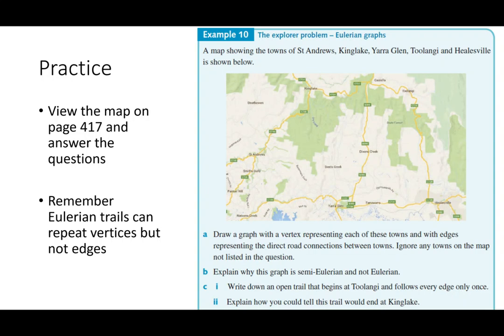I'm going to go YG to T, then T to K, and then from K to SA, SA to YG, and then YG to K. Have I managed to use all the edges? Yep. And I've ended up at King's Lake.